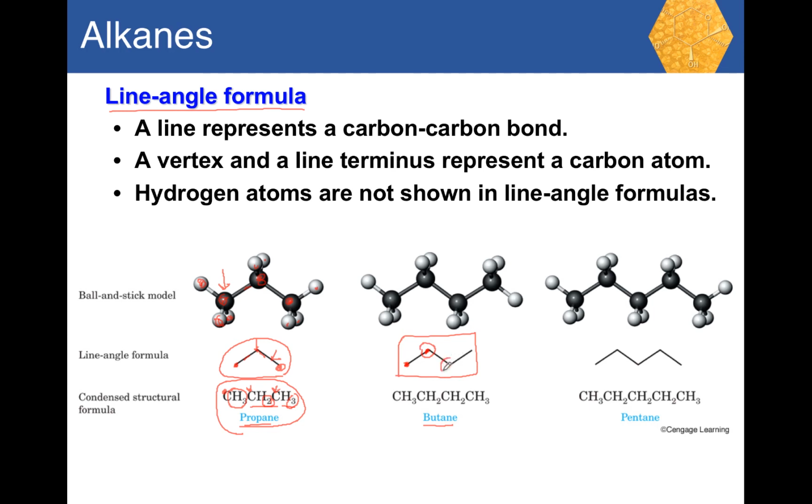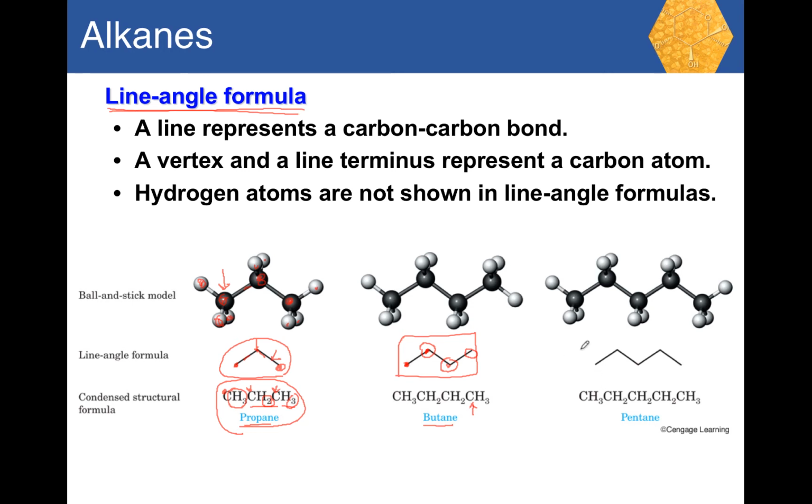There are also 2 hydrogens here, and there's a carbon here with 3 hydrogens. So you should be able to utilize the line angle representation or formula and determine the chemical formula, or how many carbons and how many hydrogens.